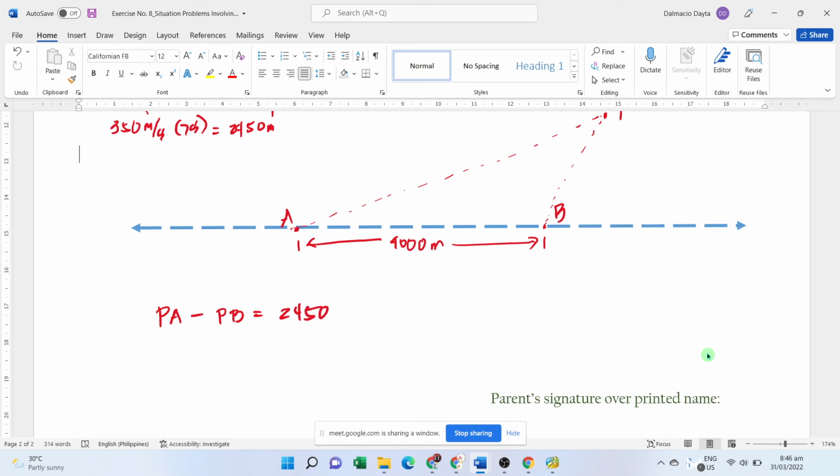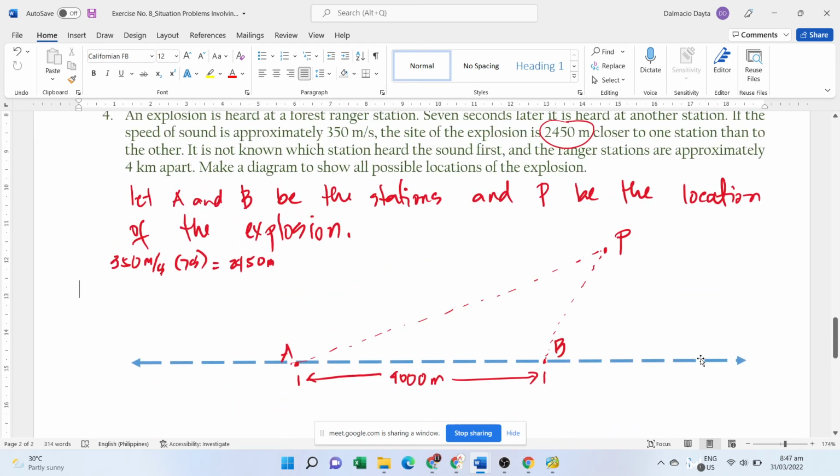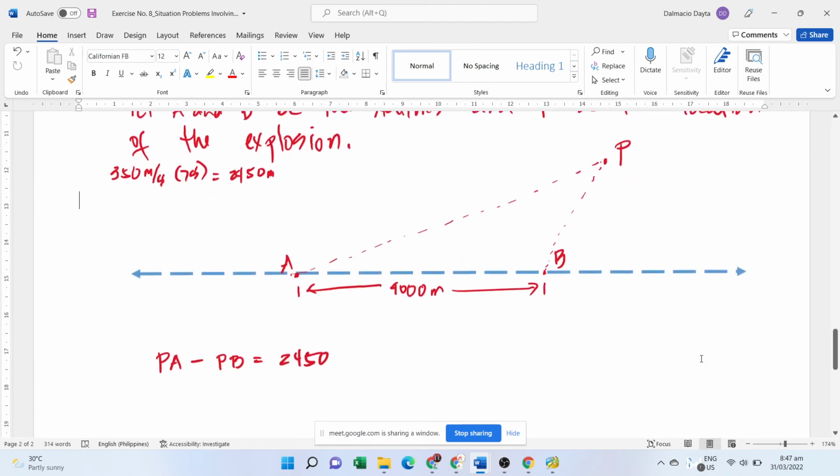Let us show the possible locations of those stations. In that case, if we have a constant difference between the distances from two identified points, A and B will be the foci of that locus of points that we're talking about.